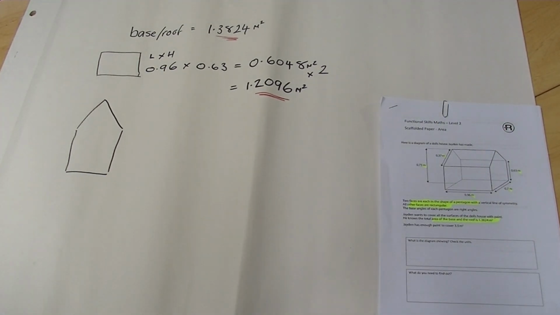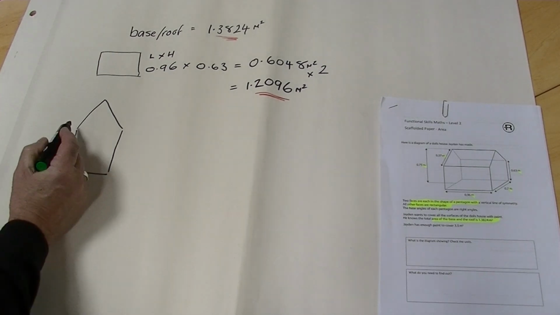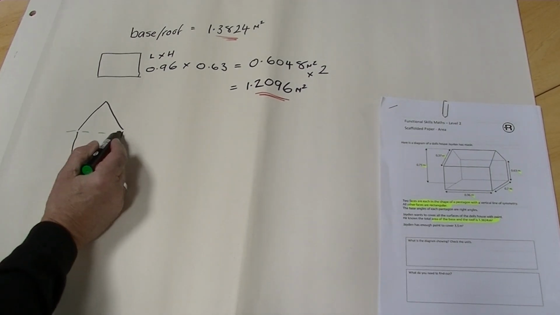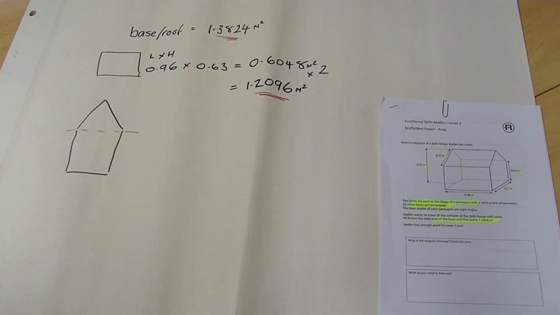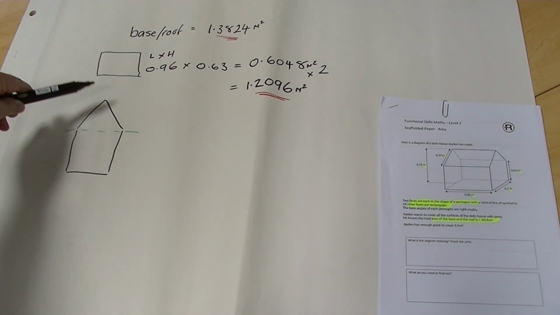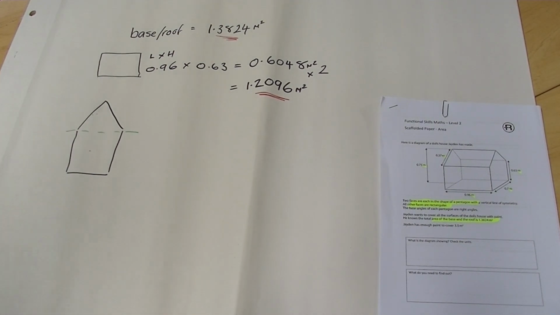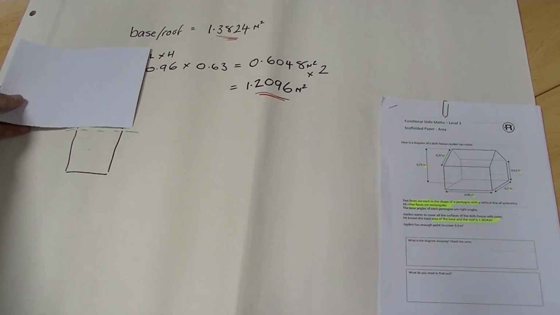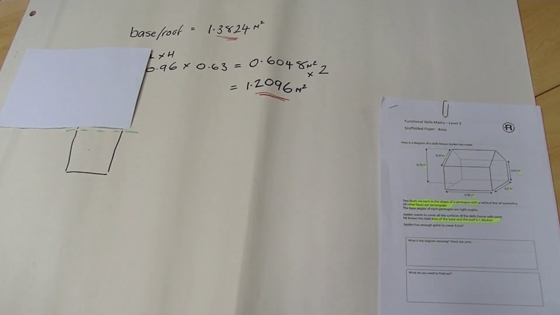So how do we work this out? The first thing we need to recognise is that that shape is made up of two shapes: a triangle and a rectangle. So that means we have to do two separate sums. Let's focus firstly on the rectangle.